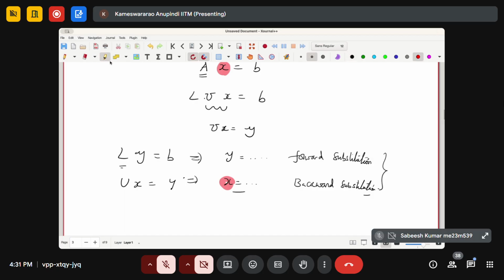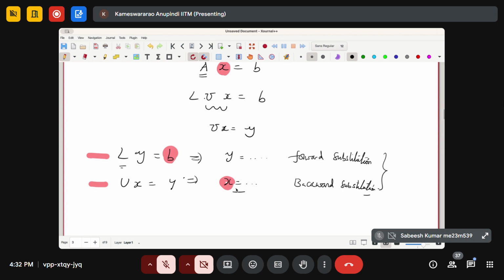In Gaussian elimination, we were doing eliminations not only on the A matrix but also on the B matrix. That is what this is equivalent to. Forward substitution is equivalent to doing row operations on the right hand side matrix, which is exactly the same. Then this is the backward substitution, which was already there in the Gaussian elimination process itself.